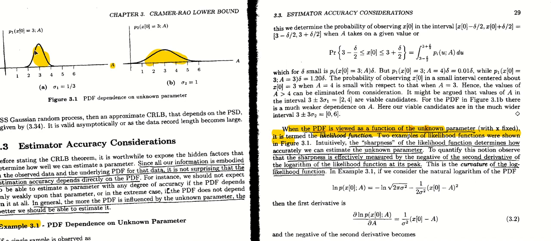Let's take a look again at how the likelihood function looks. You have sigma equal to 1 over 3 for this one, and sigma equal to 1 for the other. Look at the sharpness at the tip, the top of the likelihood function.